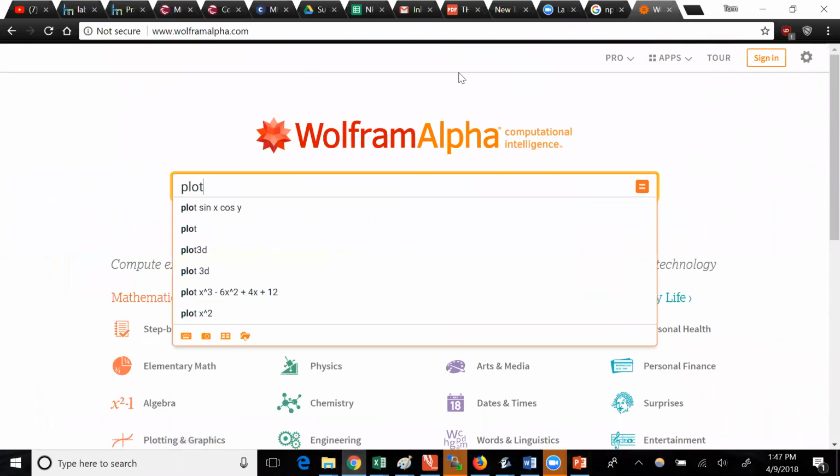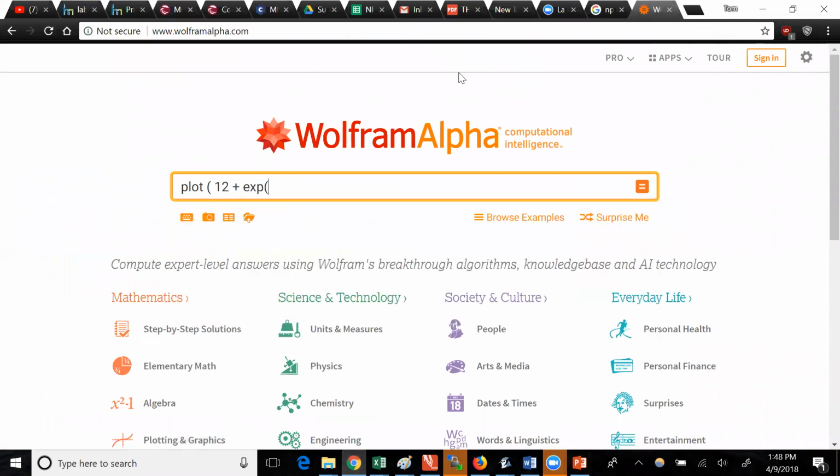So we could plot 12 plus e to the minus t times 4.5 sine of 2t minus 6 times cosine of 2t.